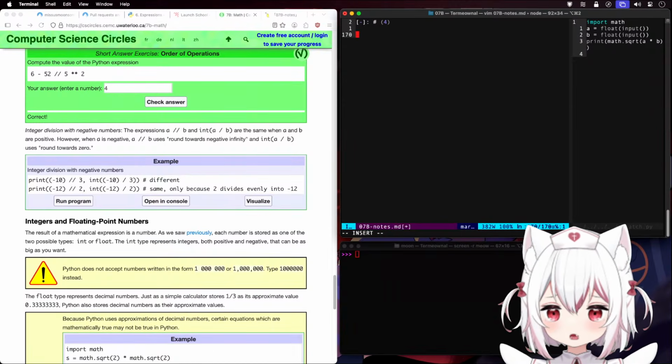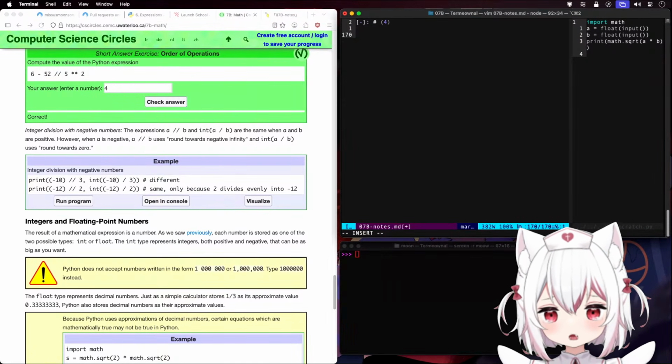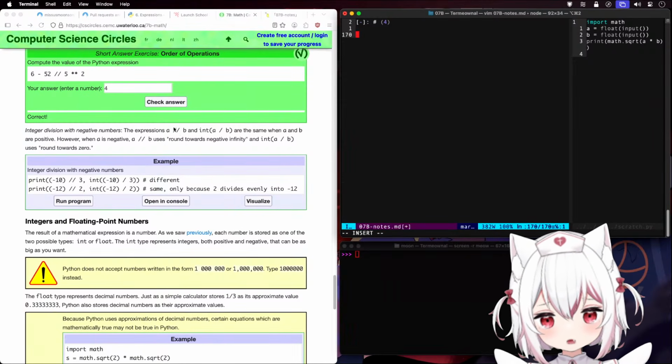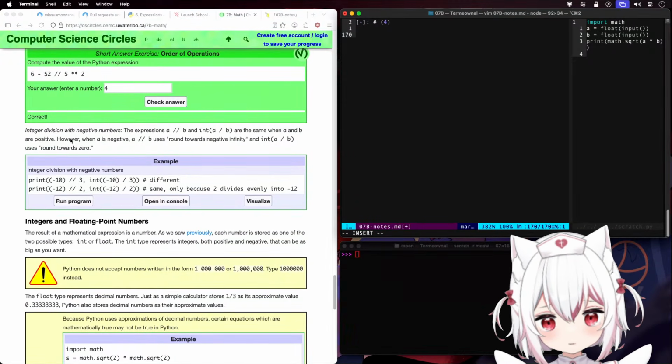Integer division with negative numbers. Oh, wait, I talked about this. This is not integer division, they're lying. The expressions a // b and int(a / b) are the same when a and b are positive.